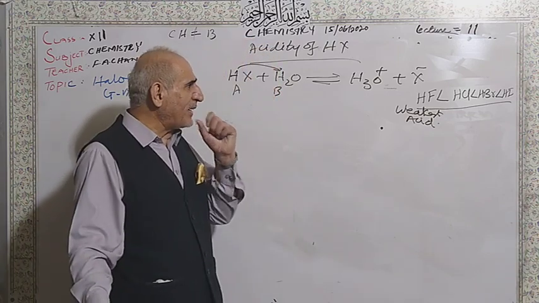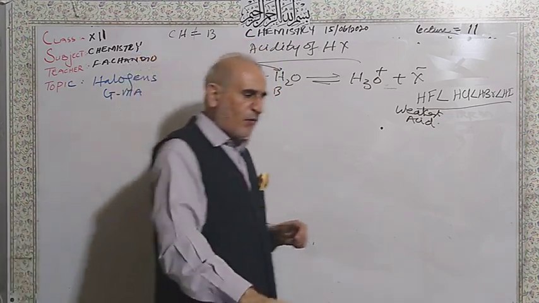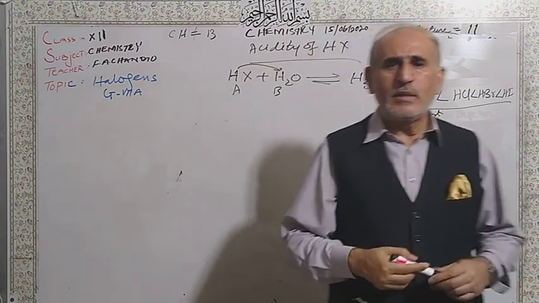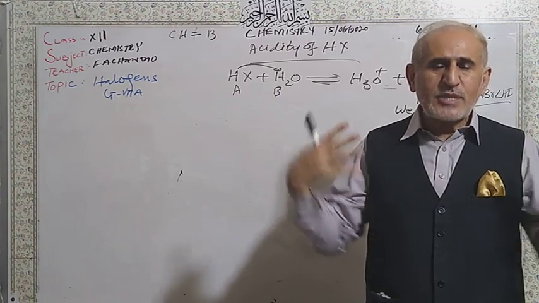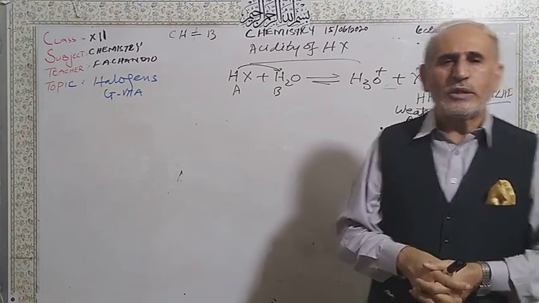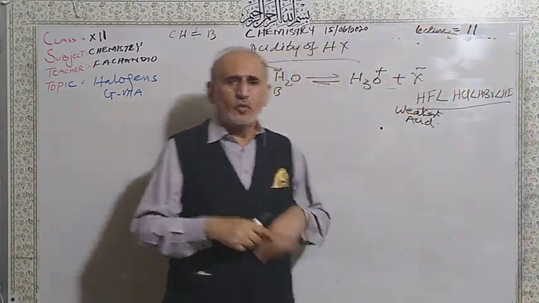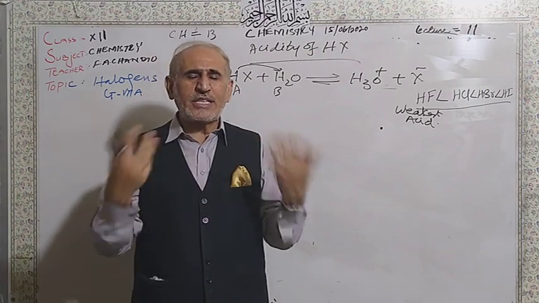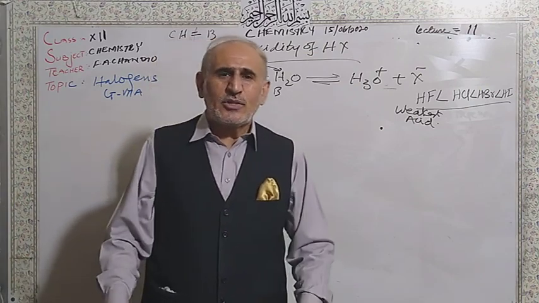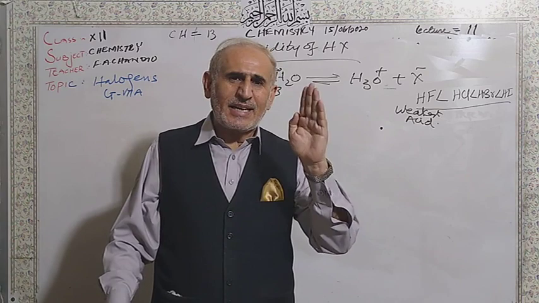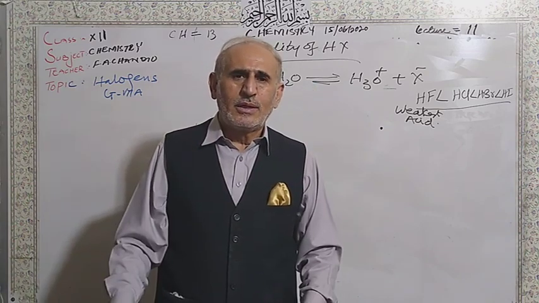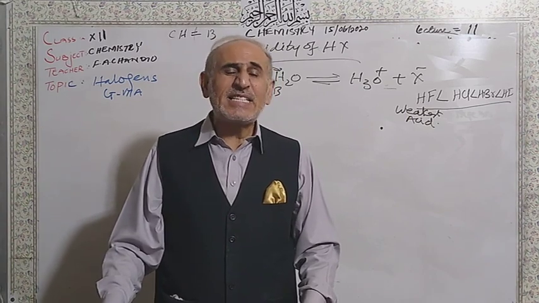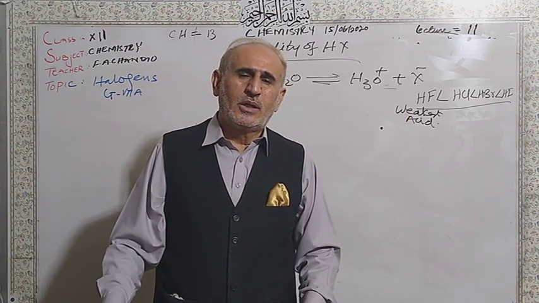The reason is that fluorine has a very small size, so the bond between hydrogen and fluorine is strong. When you see the structure of hydrogen fluoride, the hydrogen is in between fluorine atoms. It's not going to ionize easily in water.